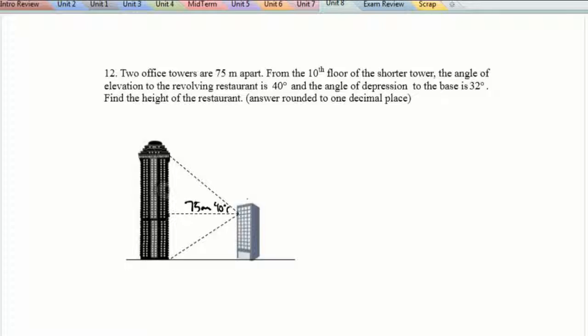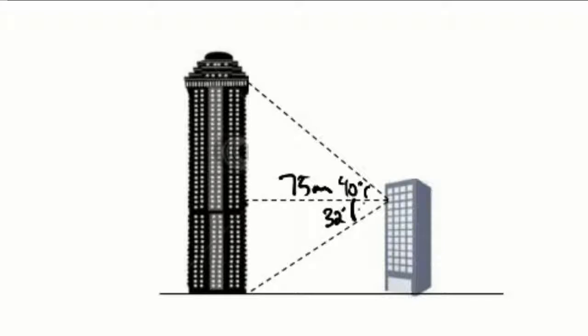The angle of depression to the base is 32 degrees. Find the height of the restaurant. So we're trying to find the height from the ground to there.